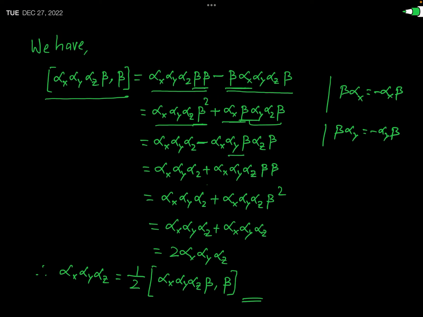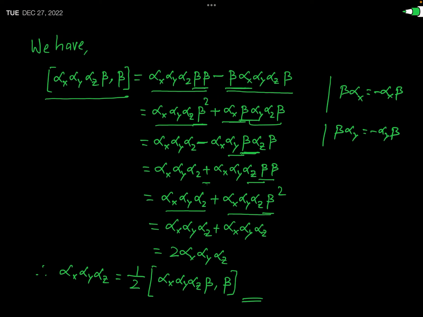Again successively, beta alpha z will be equal to minus alpha z beta. So this beta alpha z has been replaced by minus alpha z beta, and minus will again become plus. Now in the last term too you can see this beta will give beta square, and so our result is alpha x, alpha y, alpha z plus alpha x, alpha y, alpha z, beta square.